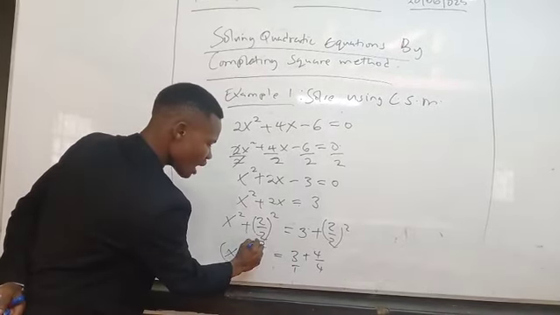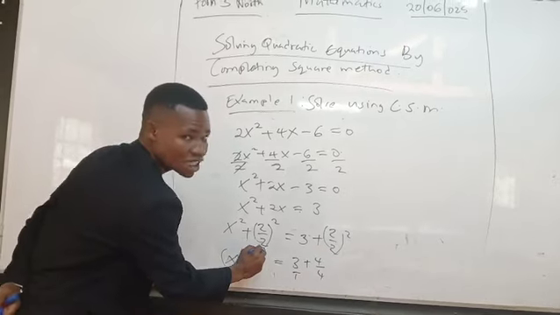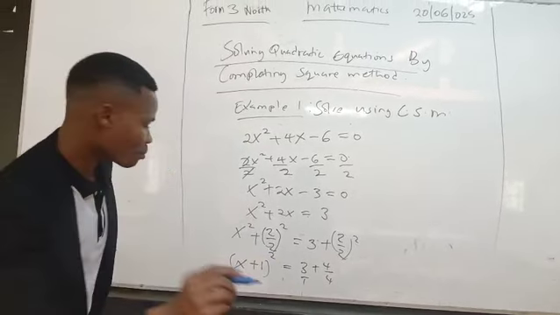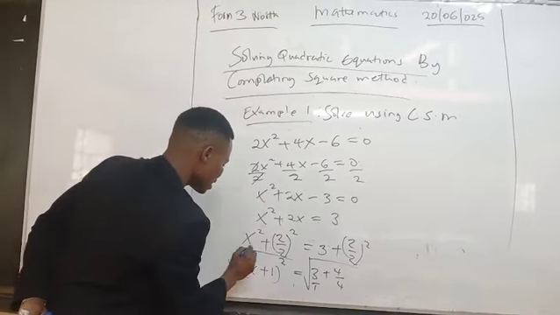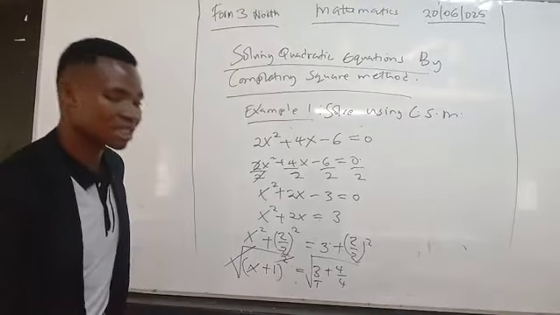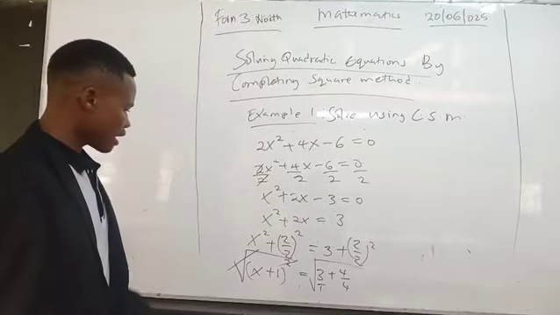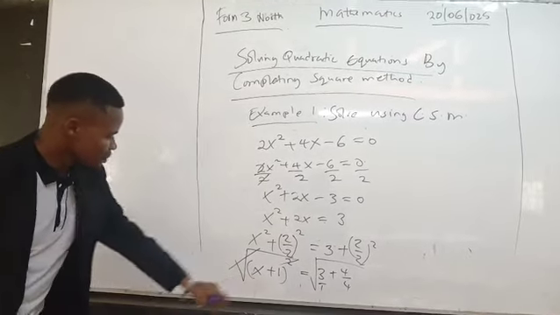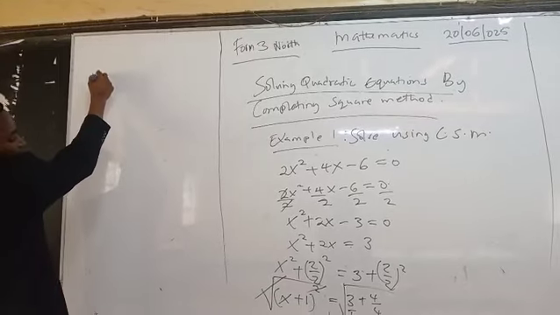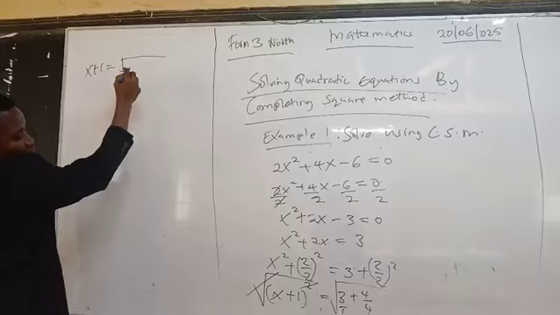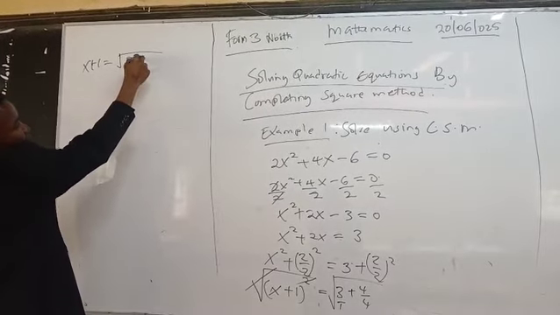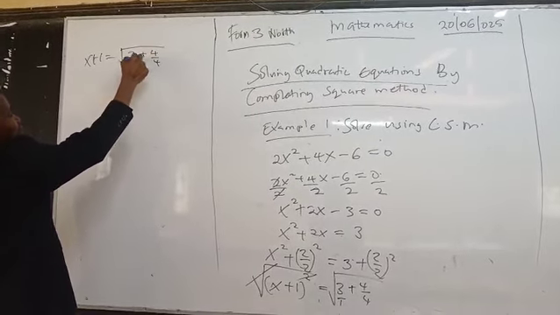Remember this is squared. How can we do away with the square? We find the square root of both sides. The square root of this side will cancel the square, and we remain with x plus 1 is equal to the root of 3 plus 1, which is the root of 4.